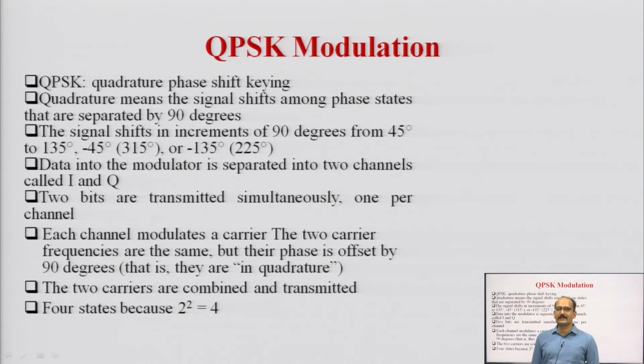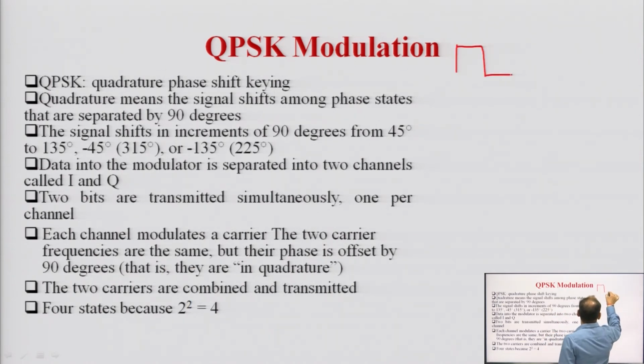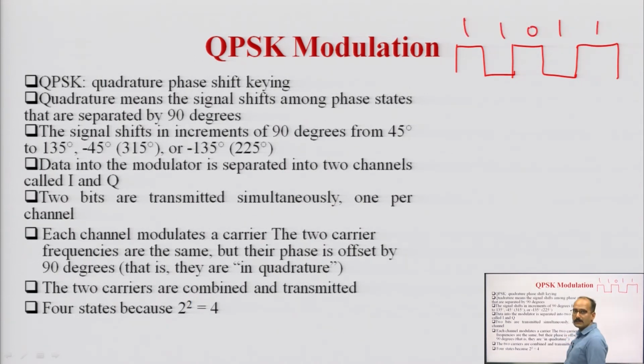So, in QPSK, what you are actually going to do, if you can understand by this, is take a digital input stream in which you have these signals. You are going to divide this bit stream into two parts, one is the even part and the second one is the odd stream part, meaning this is the first bit, second bit, third bit, fourth bit, fifth bit.